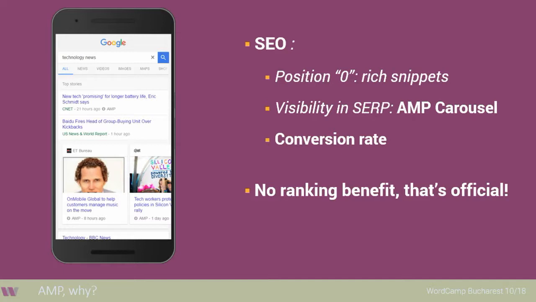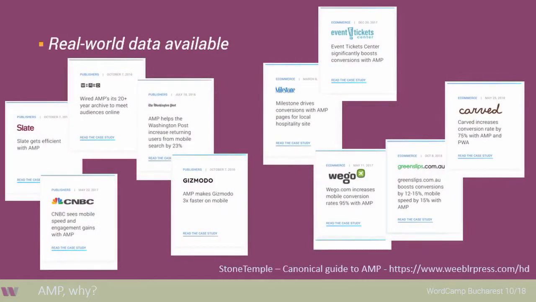But if you have some ranking and you appear on a search results page in Google or Bing, then most likely your AMP page is going to benefit from higher visibility. What you see here, for instance, is a carousel. That's the top level. If your page goes here, we would all agree that you're going to get much more exposure. You're going to get a much better conversion rate from search results. So that's something we want to look at.